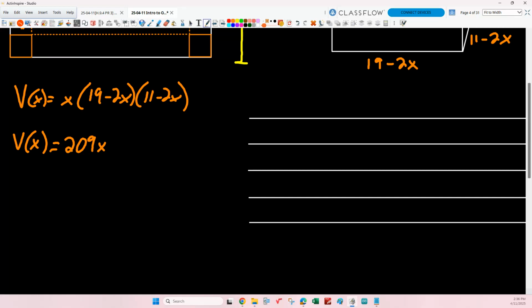Minus 38x, minus 22, 38, 22, good. And that's going to end up being an x squared when I distribute. And then finally, x is going to be cubed, right, when I distribute the extra x. Good.